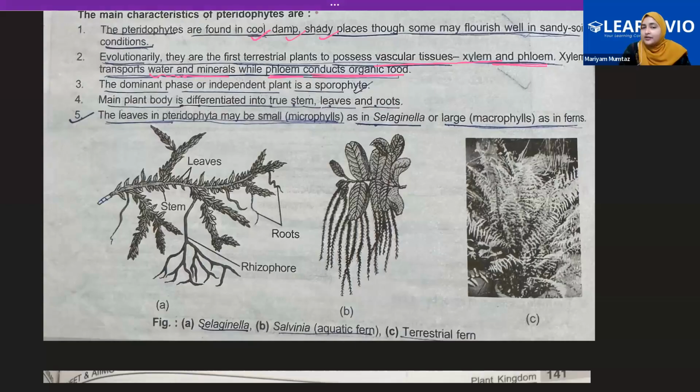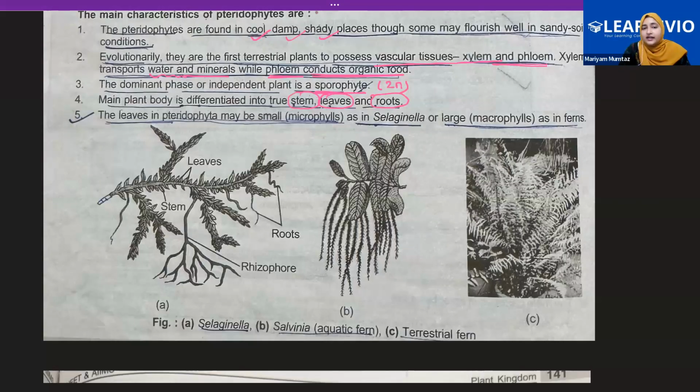Unlike bryophytes, the main plant body in pteridophytes is a sporophytic plant body, meaning a diploid plant body. Now you can find true stem, true leaves, and true roots in them.